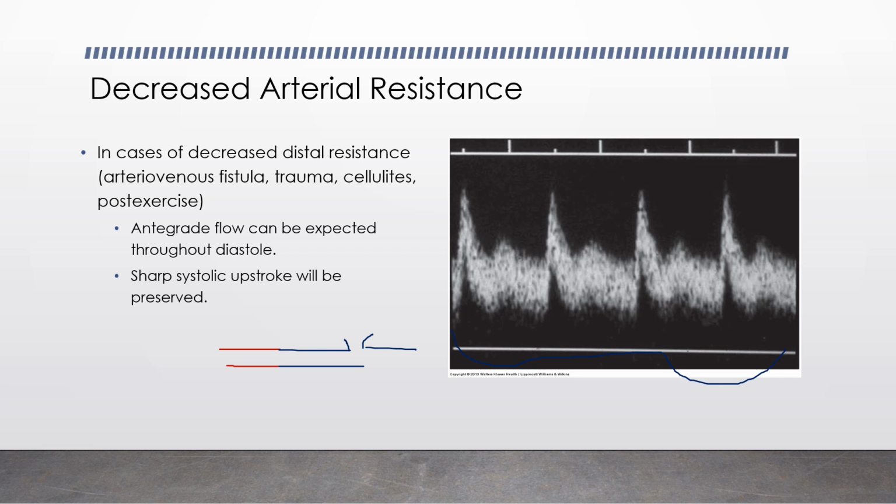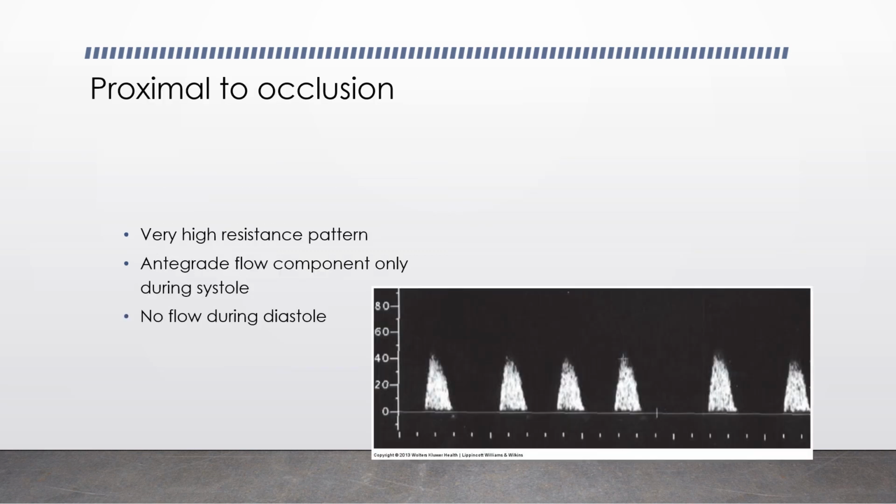Cellulitis is our other culprit, where because of the inflammation in the surrounding tissue, it's going to basically dilate all those arterioles to provide perfusion to that tissue to address the inflammatory process. And then we already talked about how the only one of these that would be normal would be if it was a post-exercise evaluation.